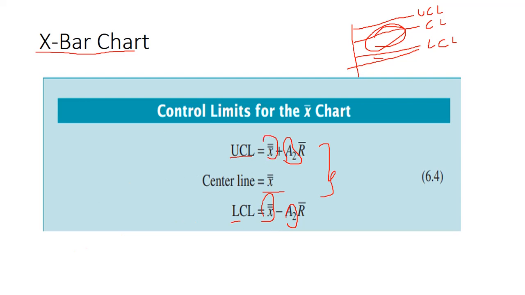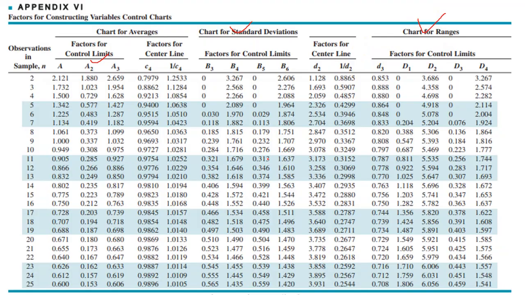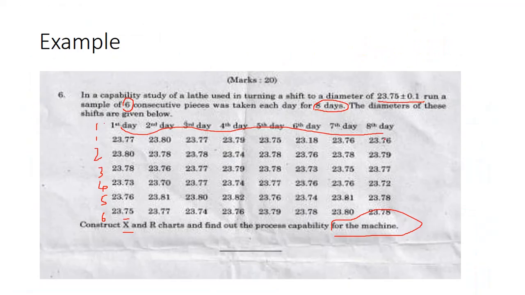What does X bar mean? This is X1 bar, here X2 bar, and finally you get X double bar. To get the X bar values, you sum all these values and divide by 8, then you get the X1 bar.